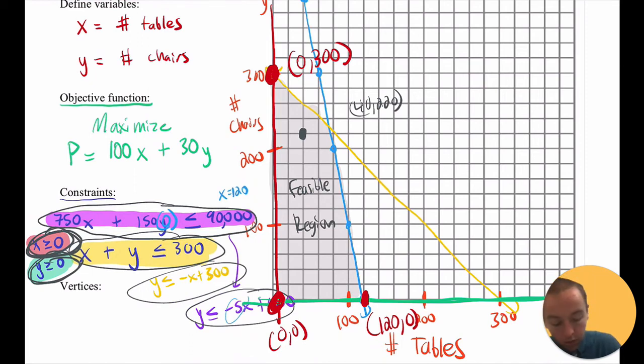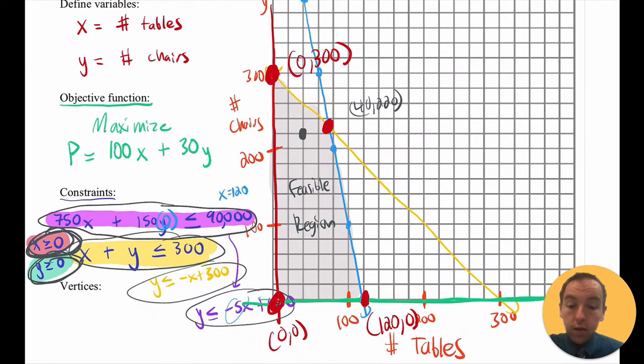And then we've got one more corner point, which is occurring right where the blue and the yellow line are meeting right there, which we don't know exactly where they are. But is that something that we may be able to find?